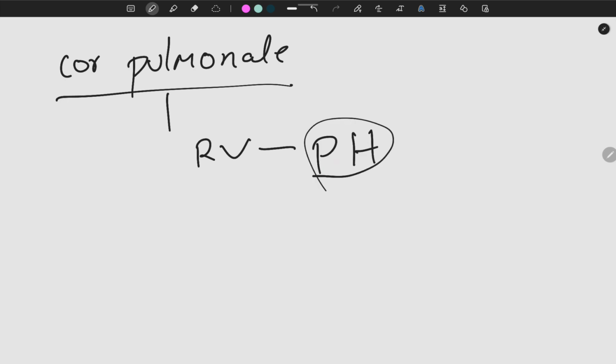Due to the pulmonary hypertension, hypertrophy of the right ventricle leads to ventricular overload, so it is known as cor pulmonale. So cor pulmonale is nothing but hypertrophy of the right ventricle due to increased pulmonary hypertension.